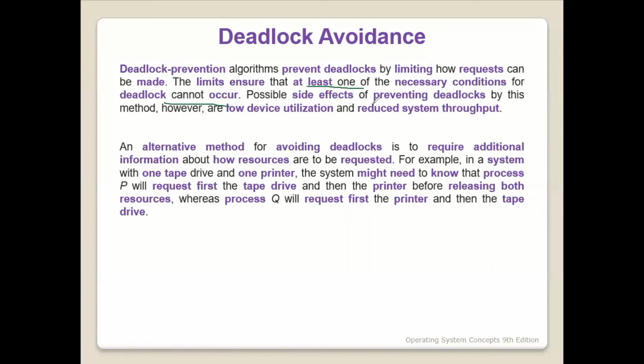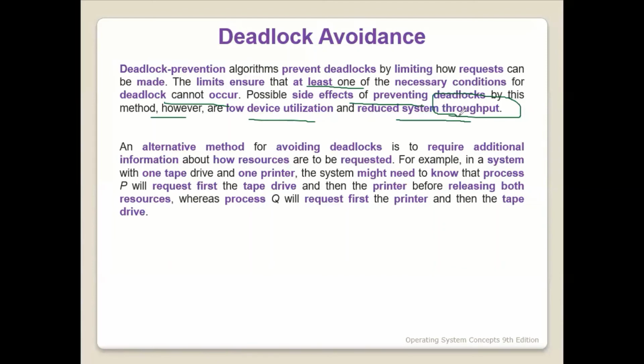The possible side effects of preventing deadlocks by this method are low device utilization and reduced system throughput. Do you remember the meaning of throughput? We studied it in previous chapters. Throughput means the number of tasks executed in a unit time, like in 1 second, how many tasks are executed?